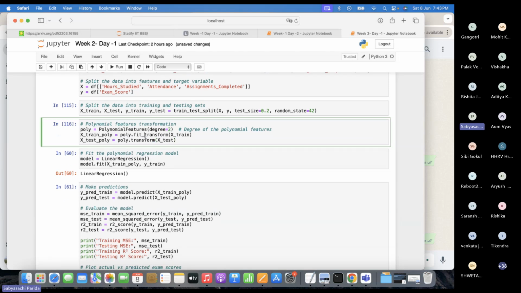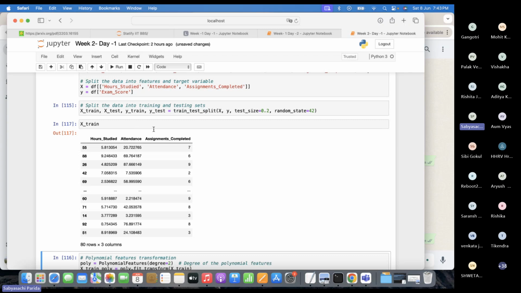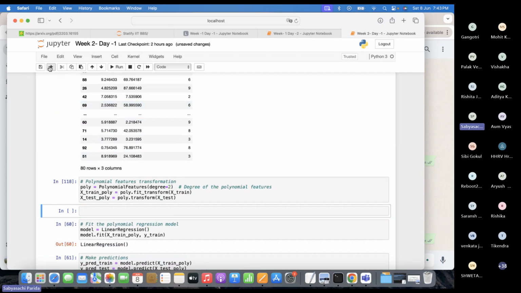And these are the features that I have created. If you look at the original xtrain that I had, after doing the polynomial features, this is how my xtrain poly would be.